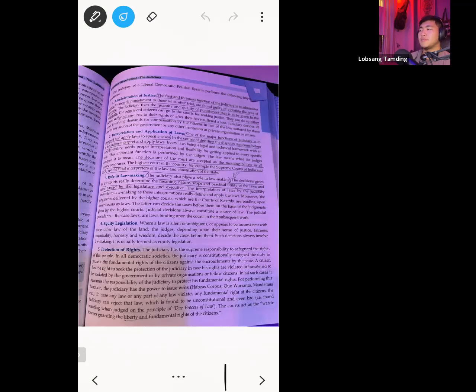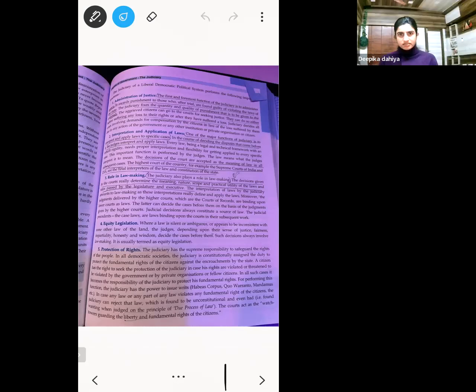Administer means keeping track of something. Yes, exactly. Managing something. Okay, so justice is administered by what? Judiciary. Judiciary administers, manages, keeps track on giving justice to people, manages justice in the country. So the first function of judiciary is to administer justice.